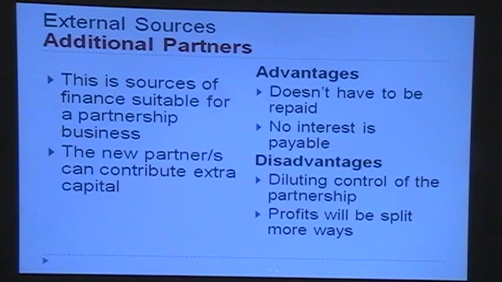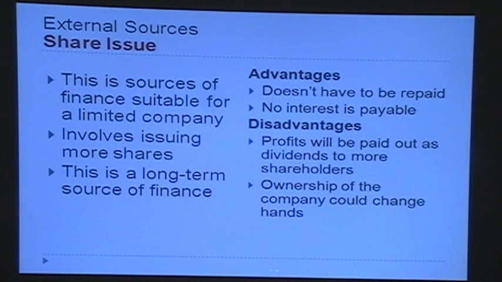The issue of shares is majorly from public limited companies through various stock exchanges all over the world. This is a source of finance suitable for a limited company. It involves issuing more shares. This is a long-term source of finance.